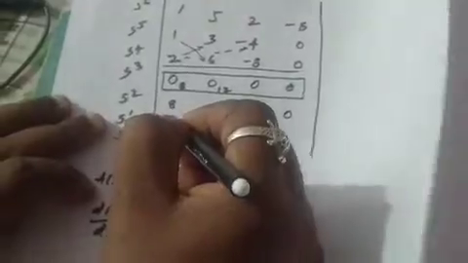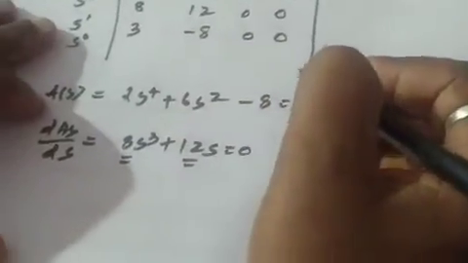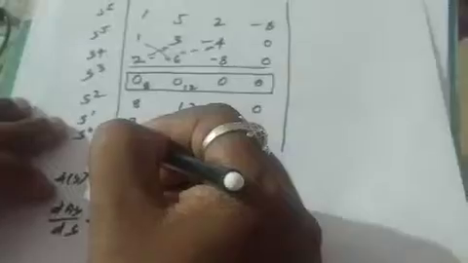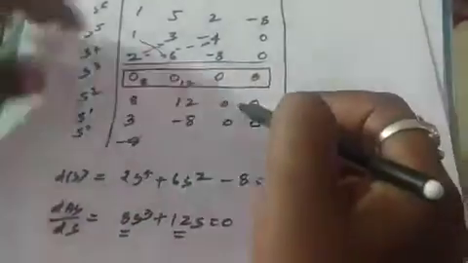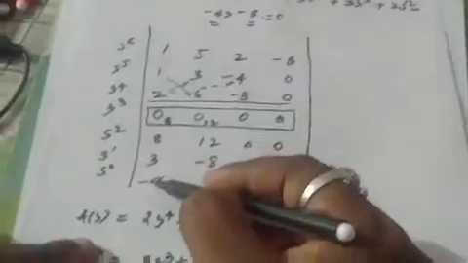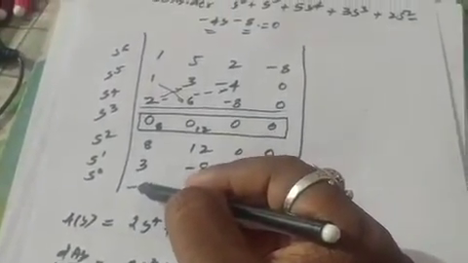So you will be getting the following calculations: 8, 12, 0, 0. Okay, and then next 3, minus 8, 0, 0, like that. So you are continuing with this. By observing the first column after calculation, you see all the terms are 0. So only the last term, that is a_n, will be minus 8. So only one sign change is there.